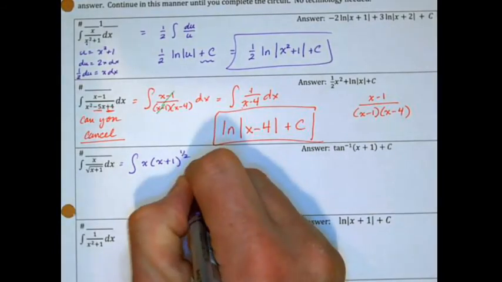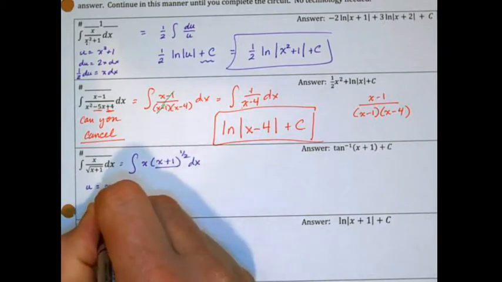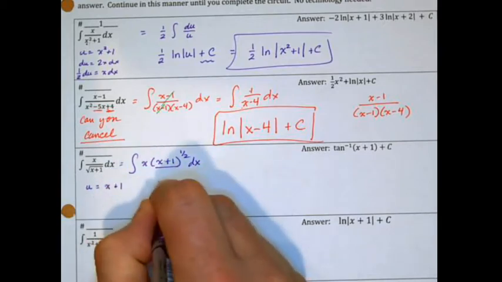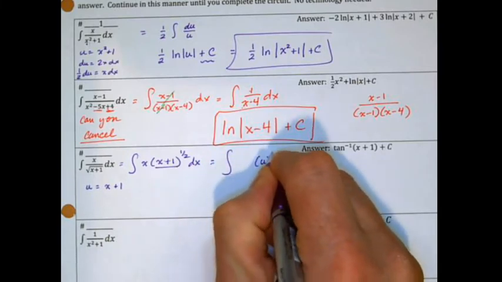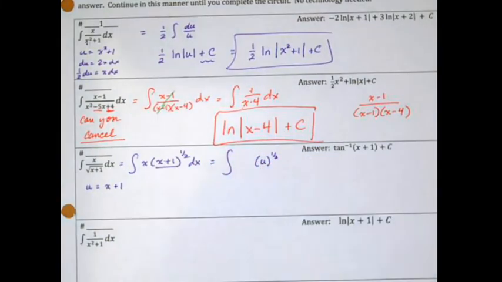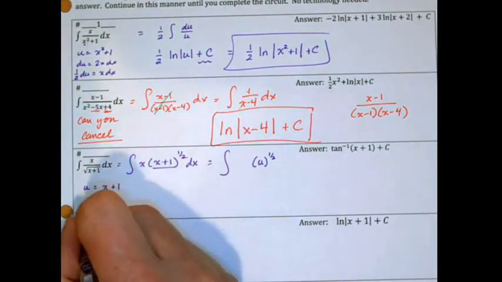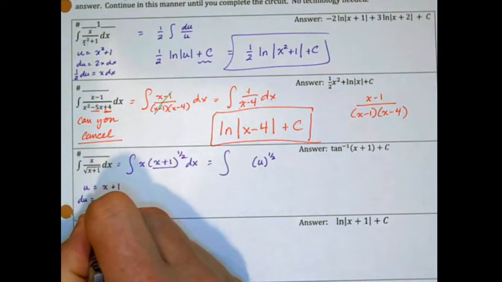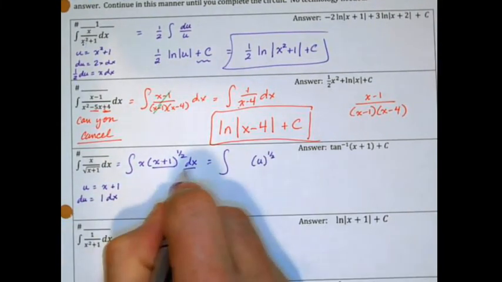So what I'm going to do is u sub. I'm going to let u be the inside of that function, x plus 1. So what we end up getting is u to the 1/2 power. We know how to antiderive that. Du is 1 dx.